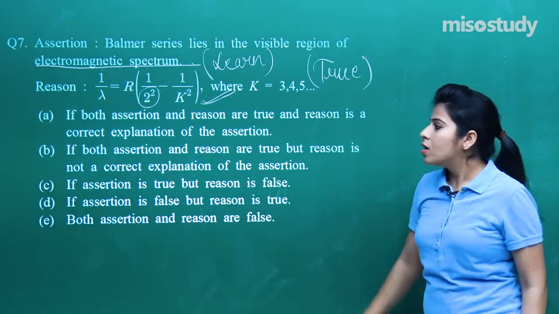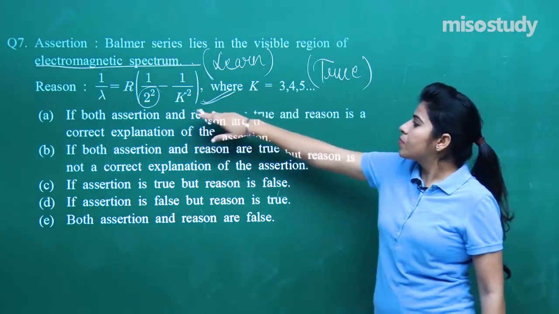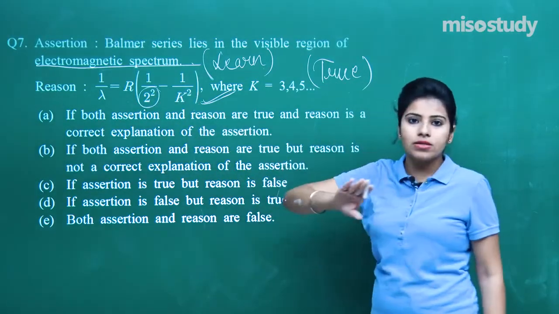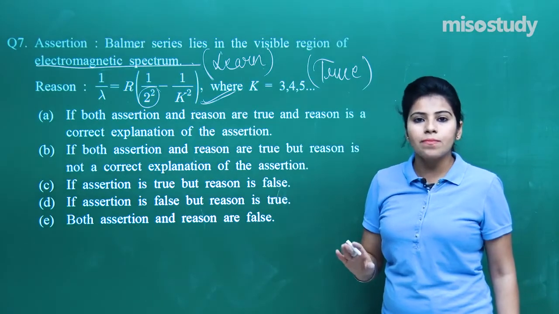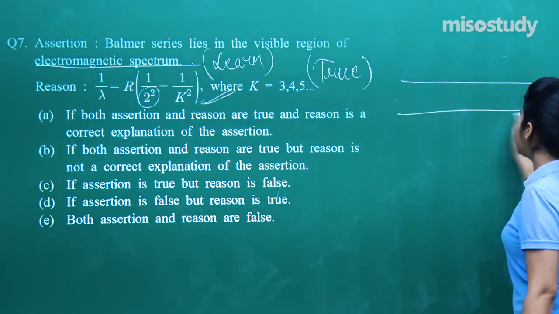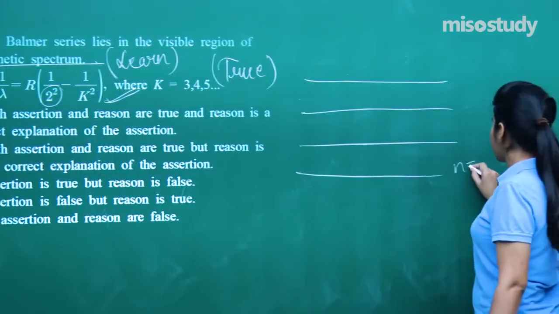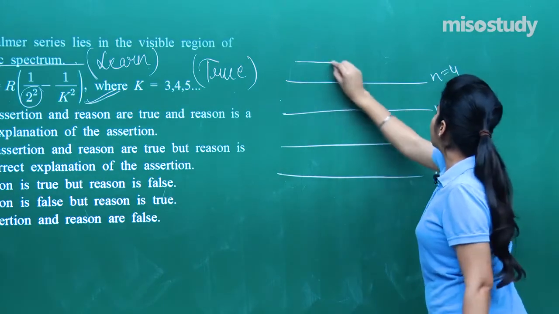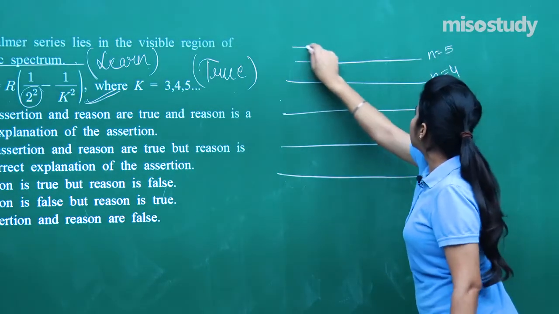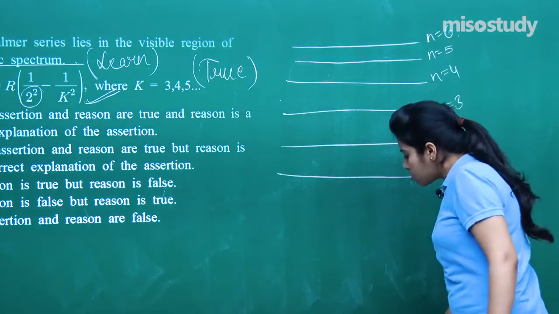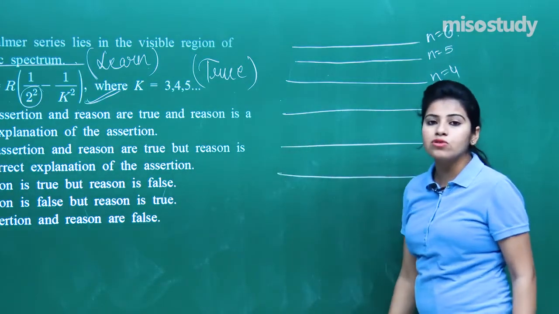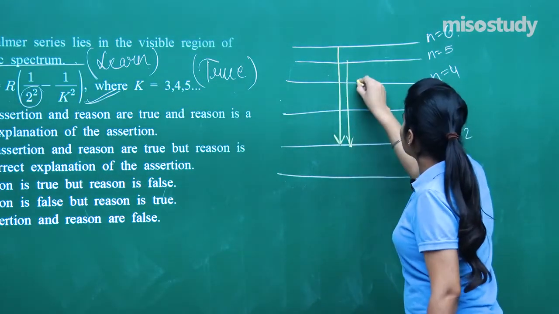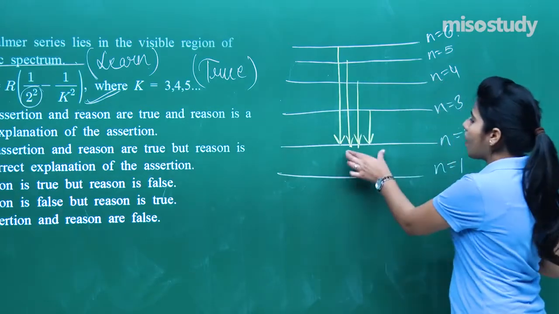Now let us check the reason: 1 by lambda equals R into (1 by 2 square minus 1 by k square). This is also correct, because for the Balmer series, all those radiations, all those waves that reach n equals 2, lie in the Balmer series.